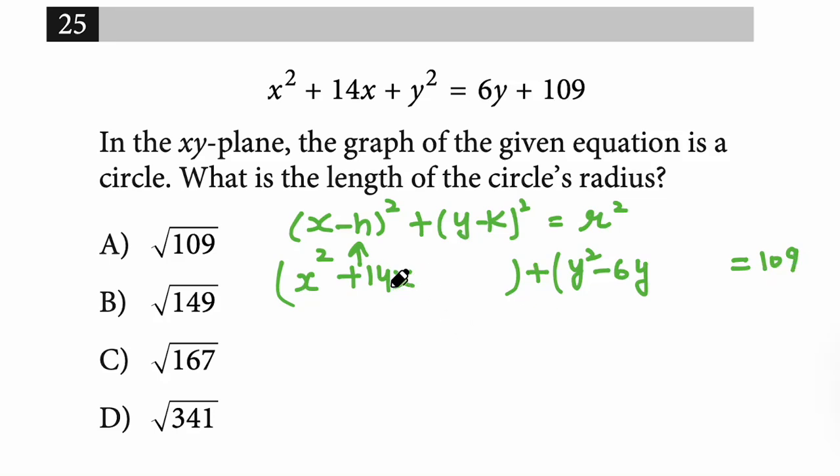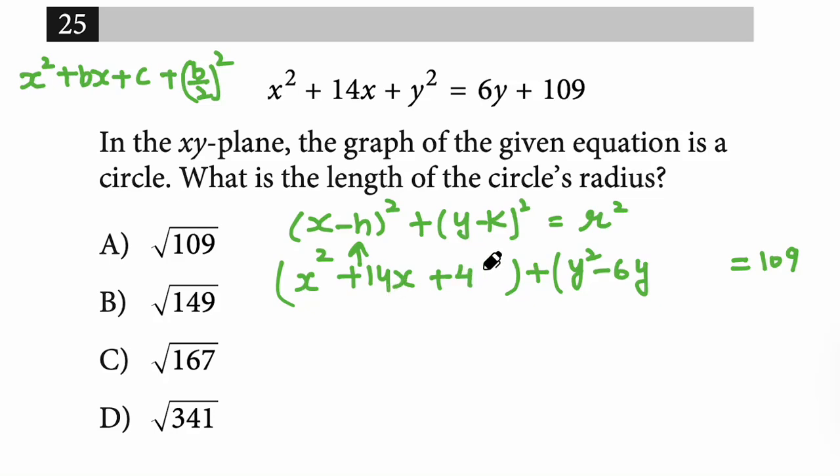Now what we do: whatever is the value of b, like for x squared plus bx plus c, if I need to complete the square, whatever is the coefficient of x, we take half of it, square it, and add it on both sides. So half of it is 7. 14 by 2 is 7.